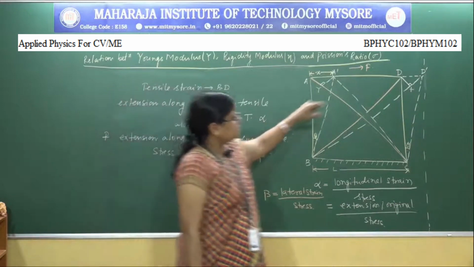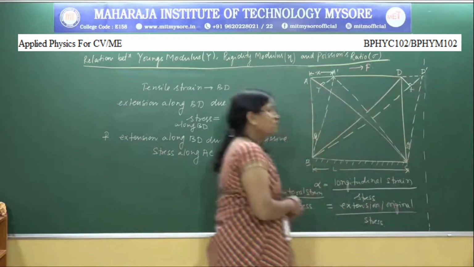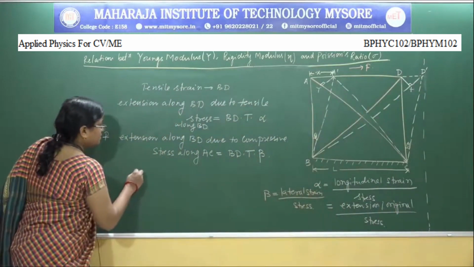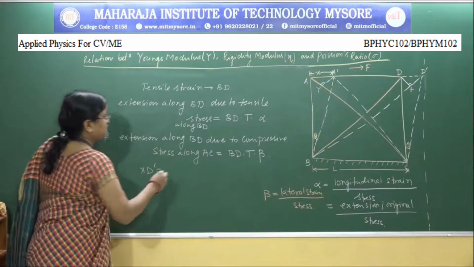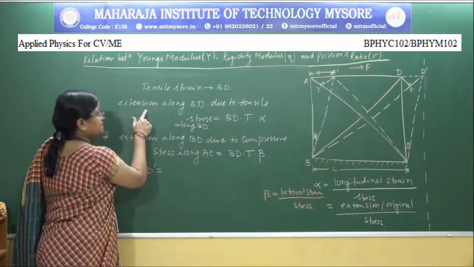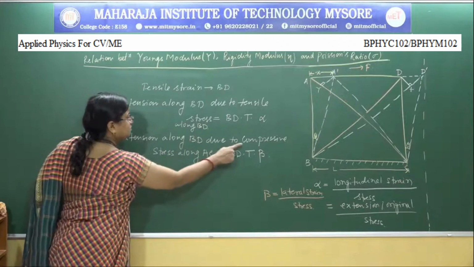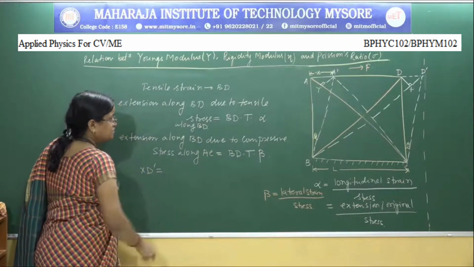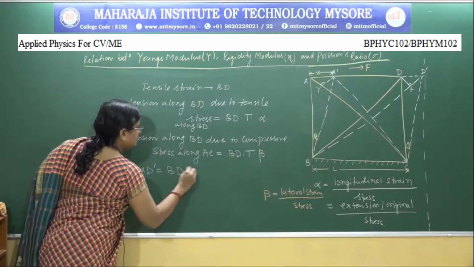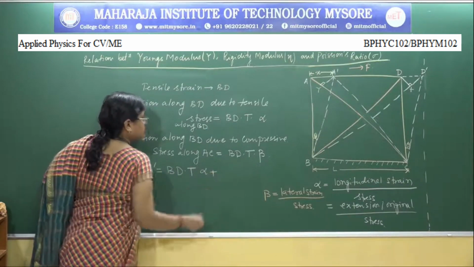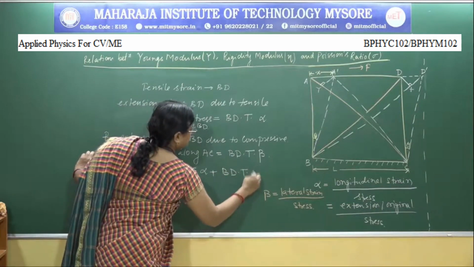So these two factors lead to the extension XD dash. The total value of XD dash is because of the extension due to tensile stress and the extension due to compressive stress. So we add these two and get BDT alpha plus BDT beta.